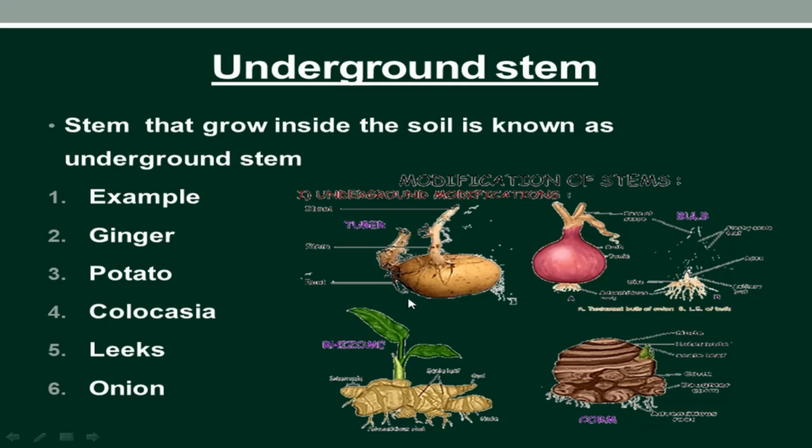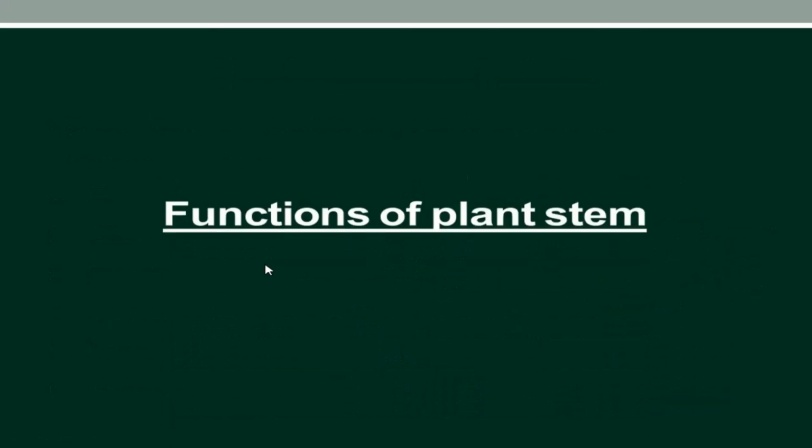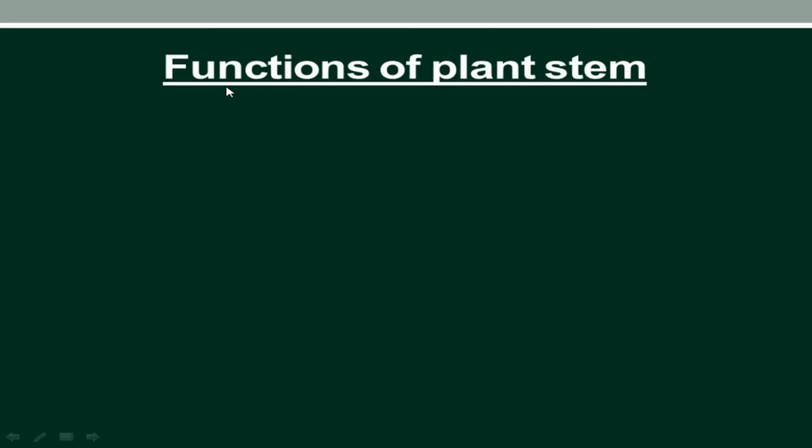This is the underground stem of the potato plant, the underground stem of the onion, and the underground stem of the ginger. Underground stems also have different types. You will learn about the different types of underground stems in grade 10 science.